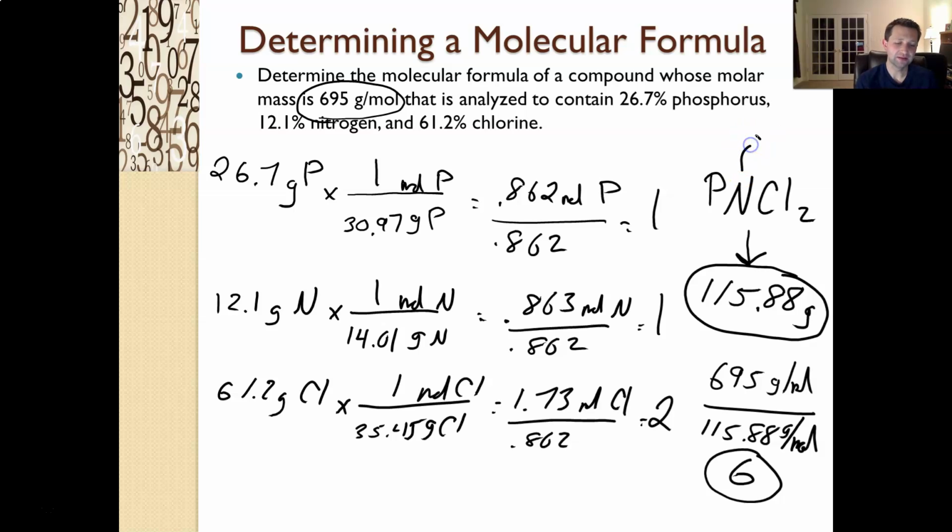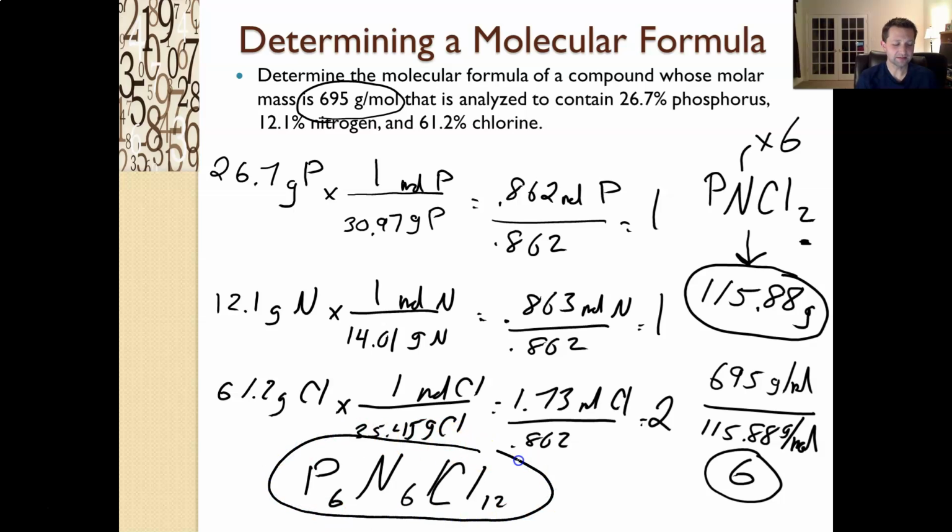It was 1 phosphorus times 6 gives us 6 of them. So P6. Same with nitrogen, N6. Chlorine, there were 2 of them. Multiply that by 6 and you get 12. Cl12. Okay? P6N6Cl12 for your molecular formula for that.